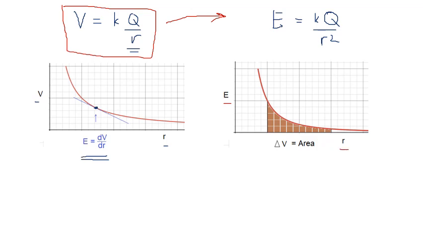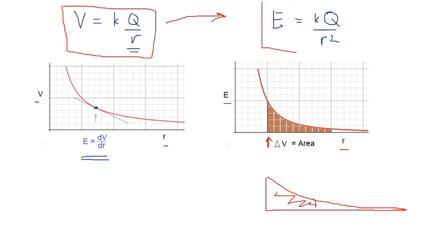Now my graph of E against R. How do we get the potential off this graph? The potential at that value of R is the area all the way to infinity. If this is my expression for E and I integrate it, I get V, and integrating is the area under the curve.